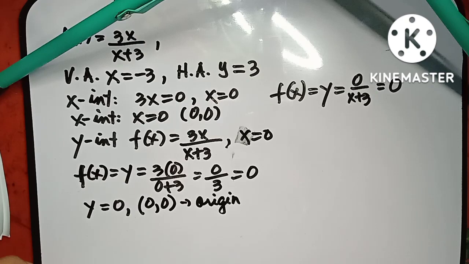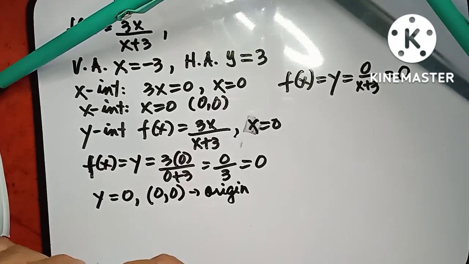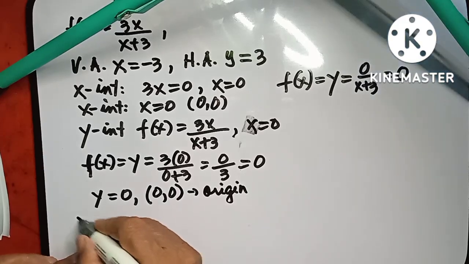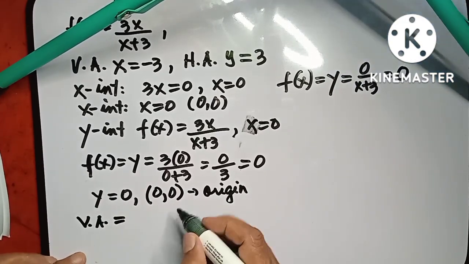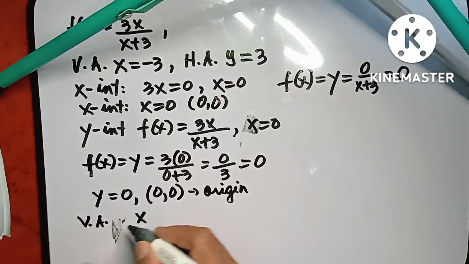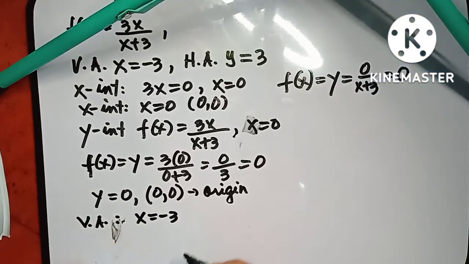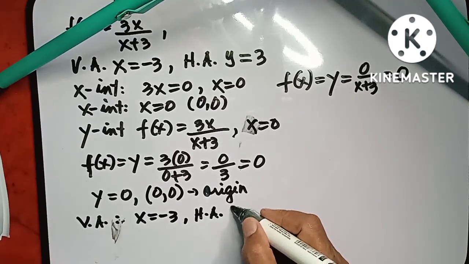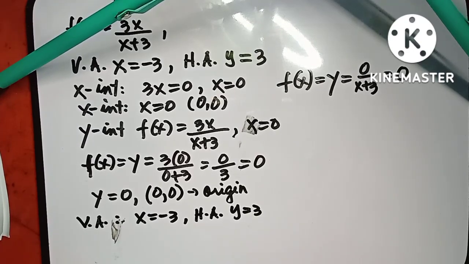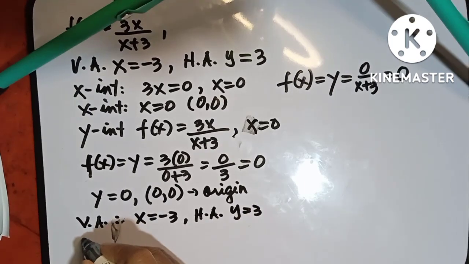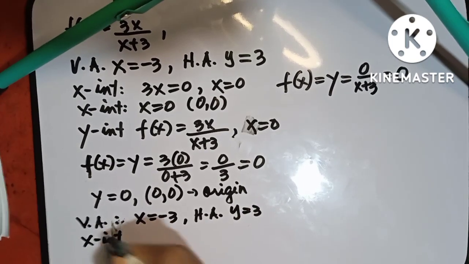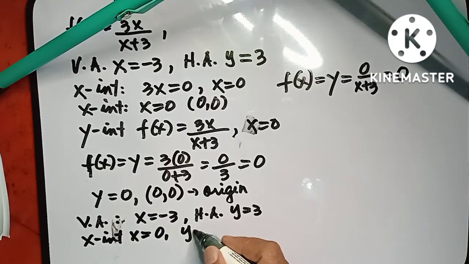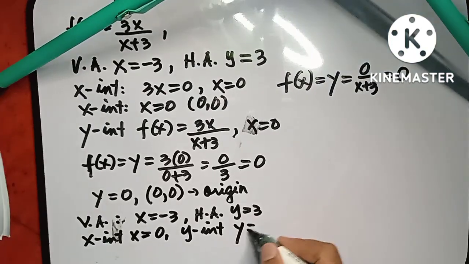So now we already have the attributes. Here the vertical asymptote is x equals negative 3, and the horizontal asymptote is y equals 3, and our x-intercept is x equals 0, and our y-intercept is y equals 0.